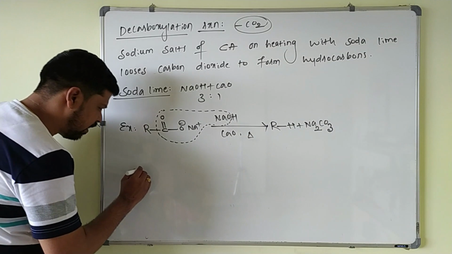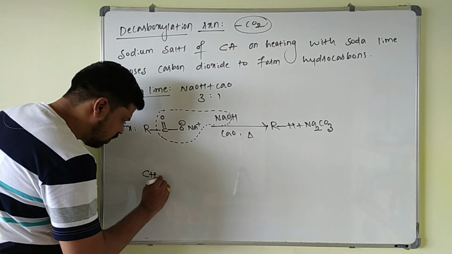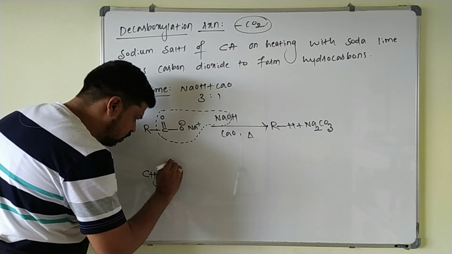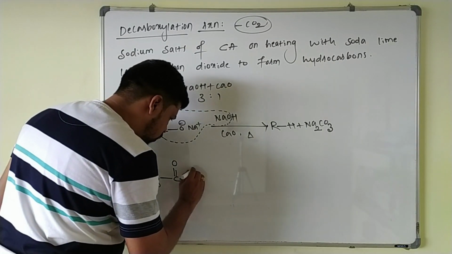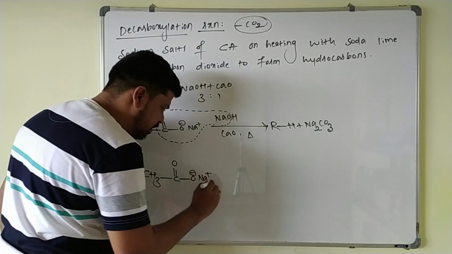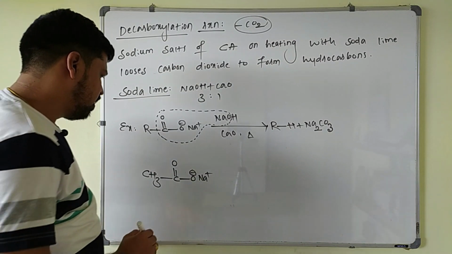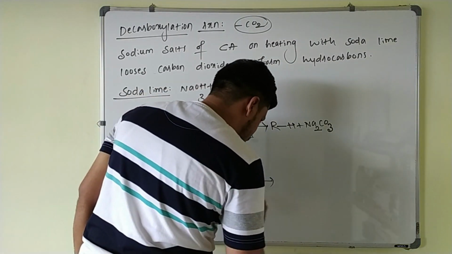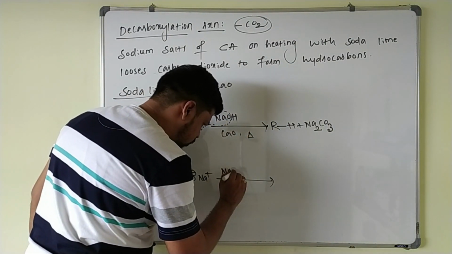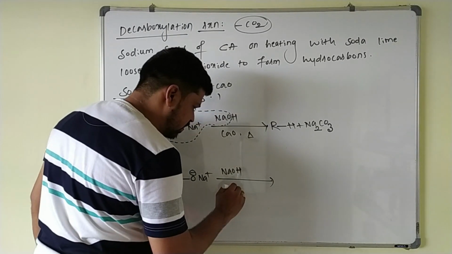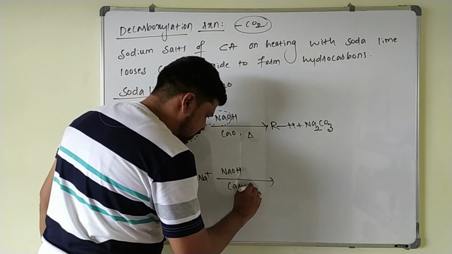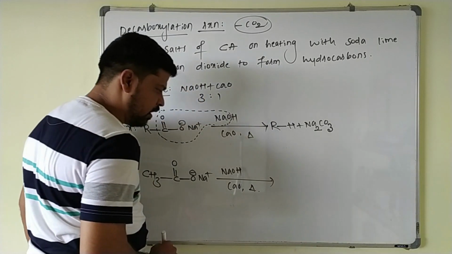Another example I will write: CH3 C double bond O minus Na plus. This is sodium salt of acetic acid. This on treating with NaOH in presence of CaO on heating.